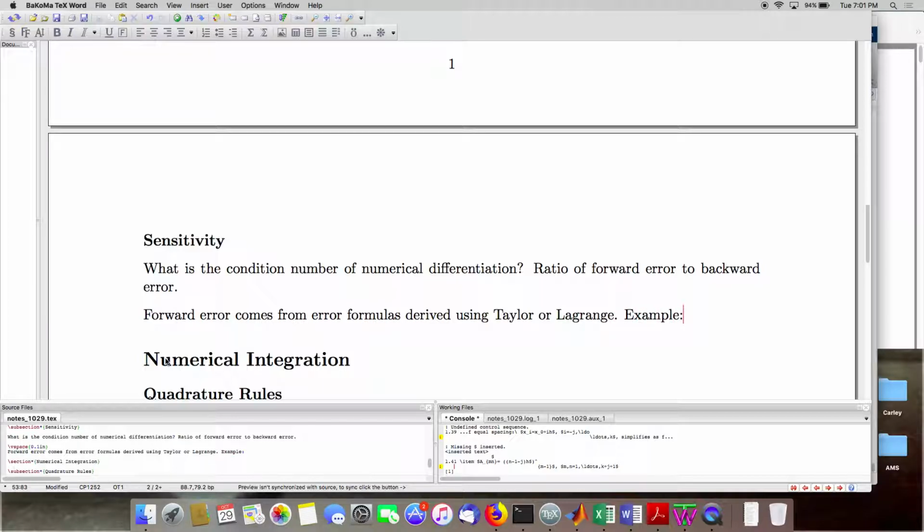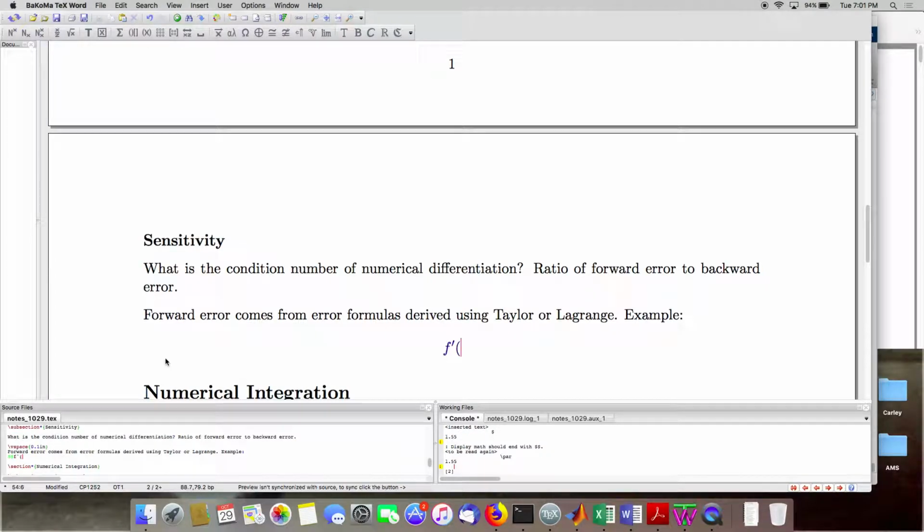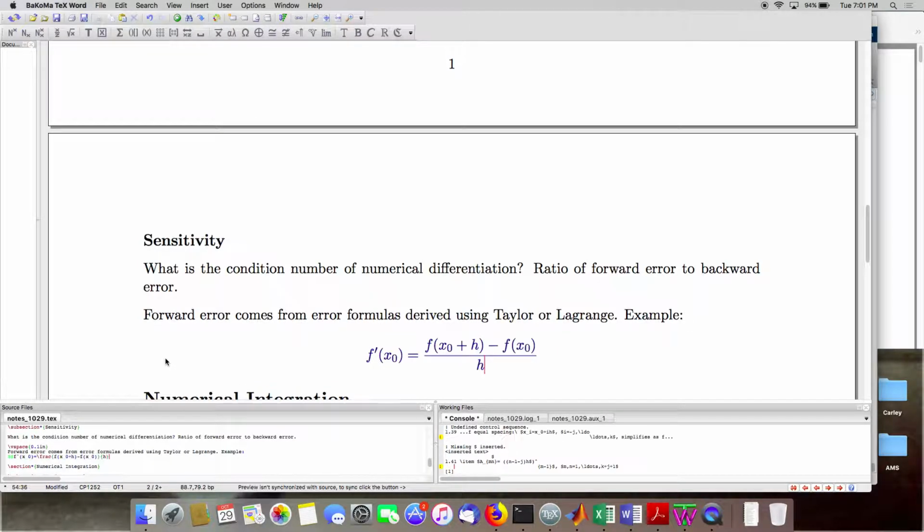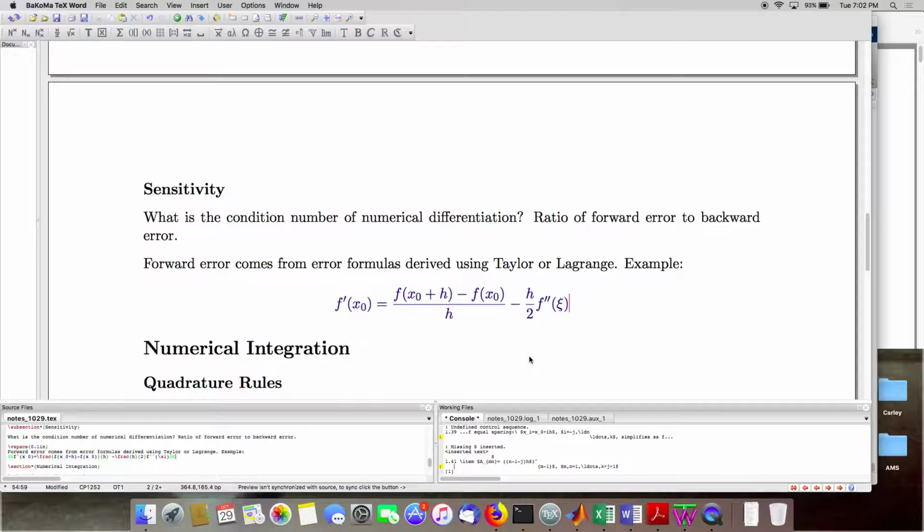As an example, we have f prime of x naught is equal to a forward difference, f of x naught plus h minus f of x naught divided by h, and then the error is equal to minus h over 2 f double prime at some unknown point xc. So this last term, minus h over 2 f double prime, that's the forward error.